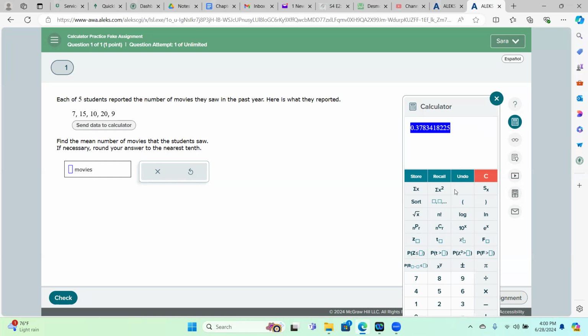And that probability is 0.3783. And then I'm going to take my first probability, 0.9934, and subtract my second probability of 0.3783. And there is the likelihood of being between the two.